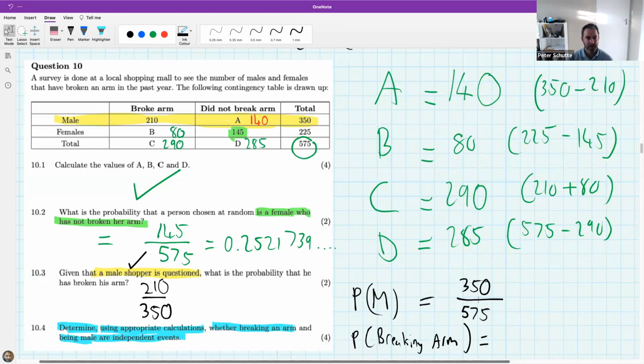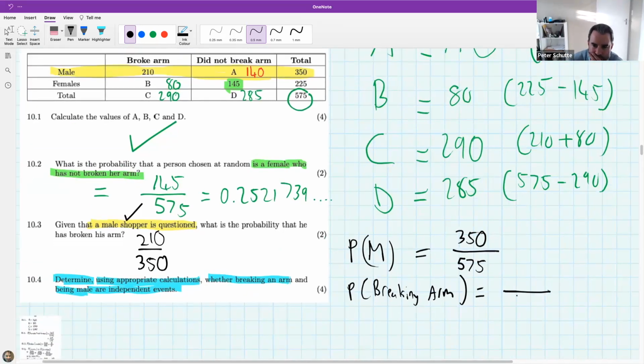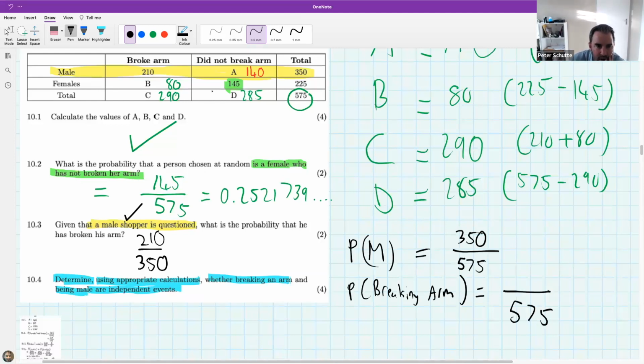Okay, what about the probability that if you choose a random person, they've broken their arm before? Well, it's still going to be 575. Now I need to look here for broke arm, and that is going to be 290.